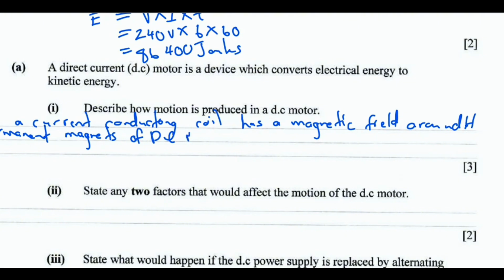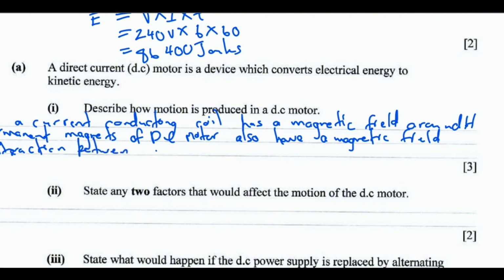So what will happen now is the interaction between the two magnetic fields, because the space is limited between the two magnetic fields, causes the coil to move or to rotate. So this is how this happens.